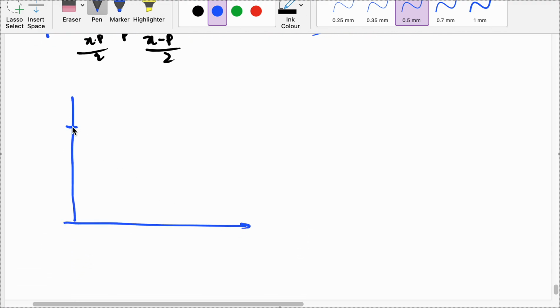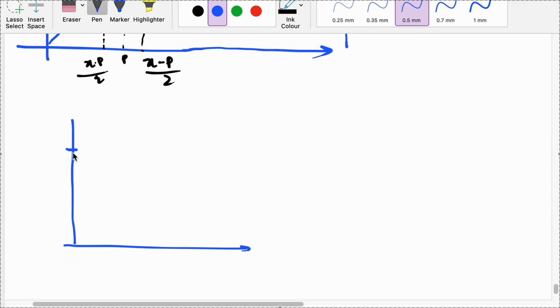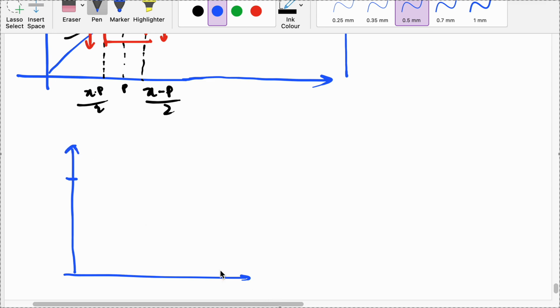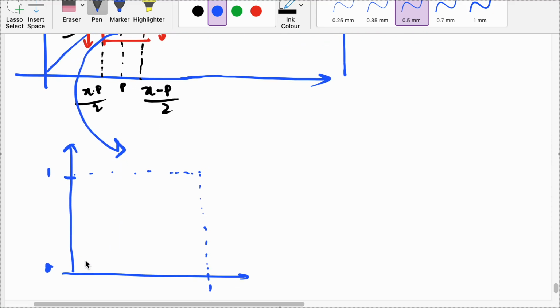Now in this case it is x minus p, and in the zooming version of this it becomes 0 to 1 and 0 to 1. Now this box means I have zoomed into this portion and we are seeing exactly the same thing.